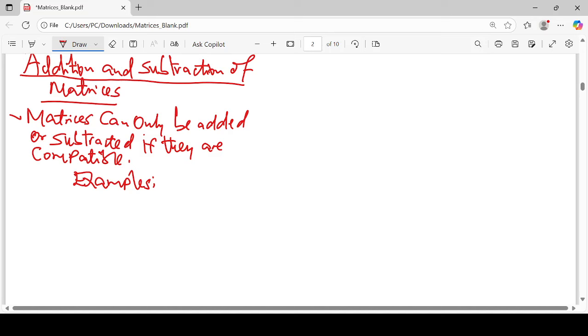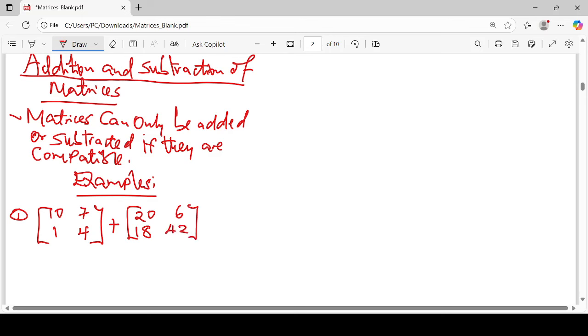In our example 1, if I have a matrix 10, 1, 7, 4, and I add this matrix to another matrix, that is 20, 18, 6, 42, what will be your solution?